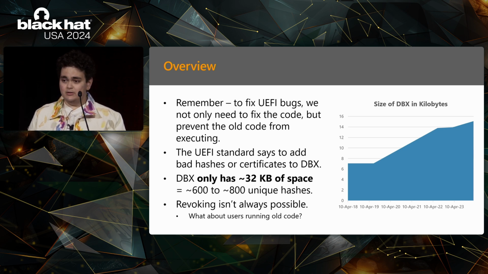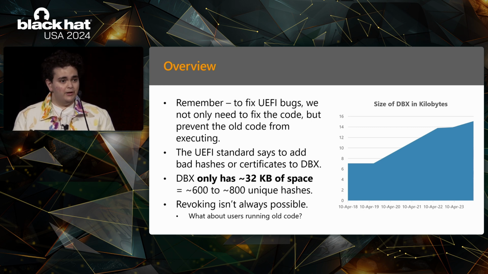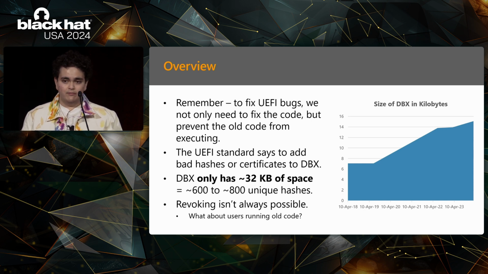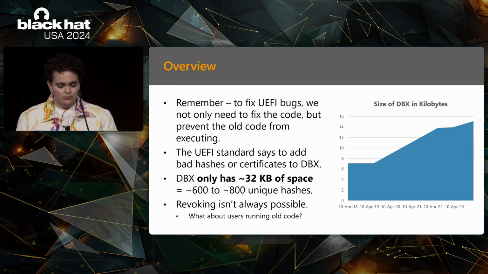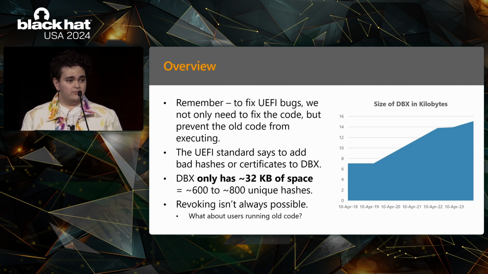So the UEFI standard says to add these images to the DBX variable, like we talked about earlier, but this variable only has 32 kilobytes of space on Windows 10 machines up to the hardware requirements for 1709. This equates to roughly 600 to 800 unique hashes, and while that sounds like a lot, it's a lot less than you might expect. Right now, we're already halfway filled with the DBX variable, and it's a problem for us because there's a lot more vulnerable images we need to consider.